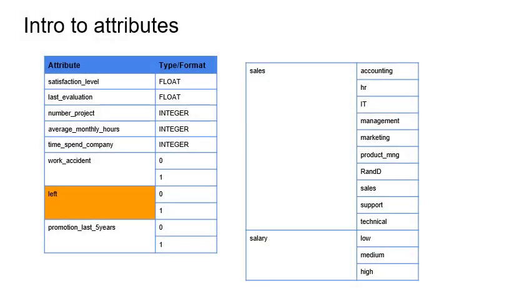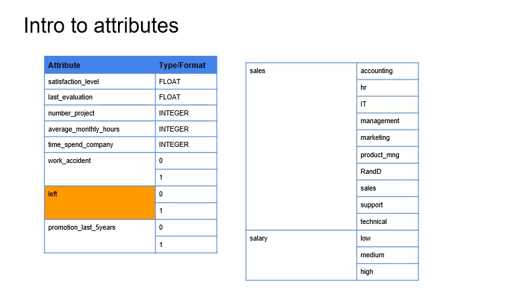Let's take a look at the attributes of this dataset. Satisfaction level, which is float, means the satisfaction level the employee gave to the company. Last evaluation means the last time an employee was evaluated and a score the company gave to this employee. Number project means the number of projects the employee has done in the company.